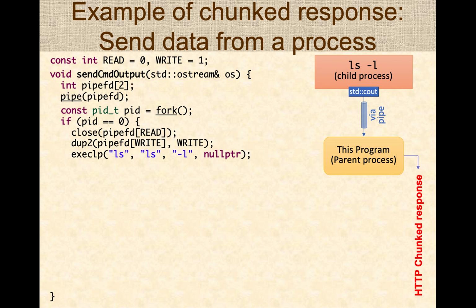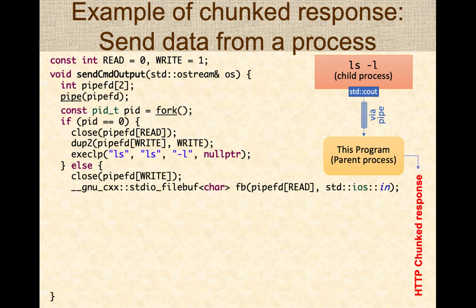Here we're running the ls command with -l as the parameter. And here we're using the execlp system call to make it easier. Here it's easier to use execlp because we have a fixed number of command line arguments that we want to pass. In the parent process, we're going to close the write end of the pipe because we only want to read data from the child process. And then we wrap the pipe, which is basically an integer. Notice that pipe is defined as an integer.